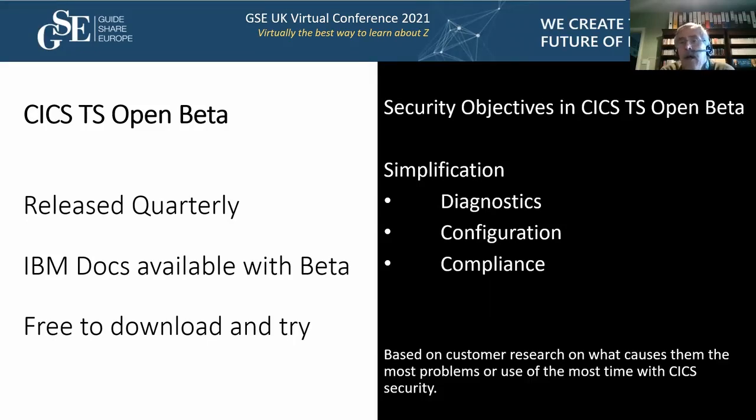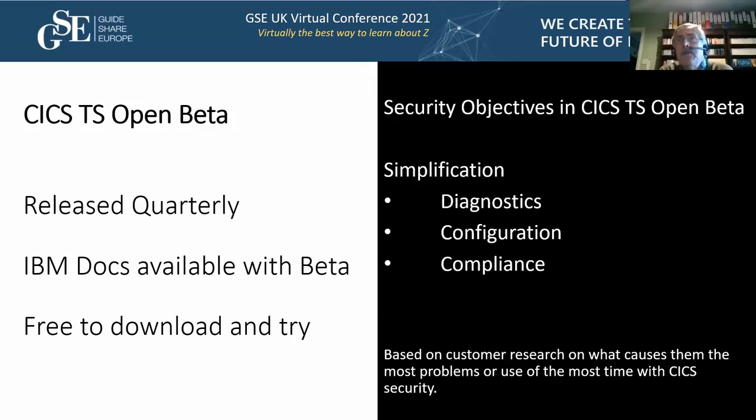So most people look at the website rather than download to get an idea of what is probably coming up in a future CICS release. Obviously, the usual terms and conditions apply as it's a beta. What we're trying to do is get feedback from everybody, and things may change depending upon that feedback.